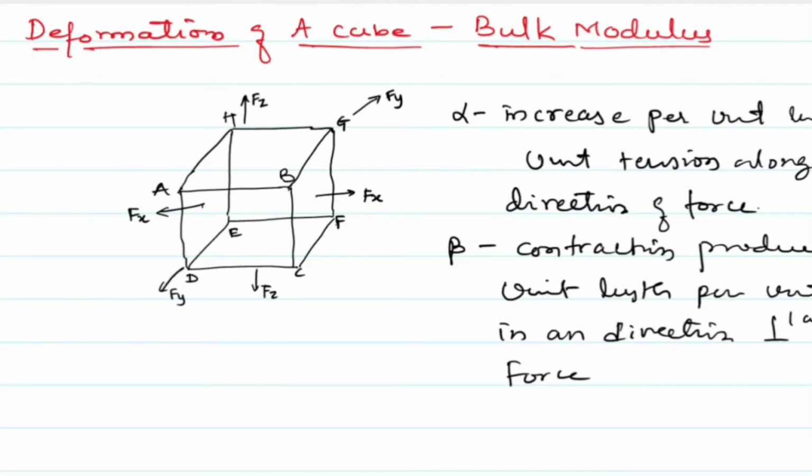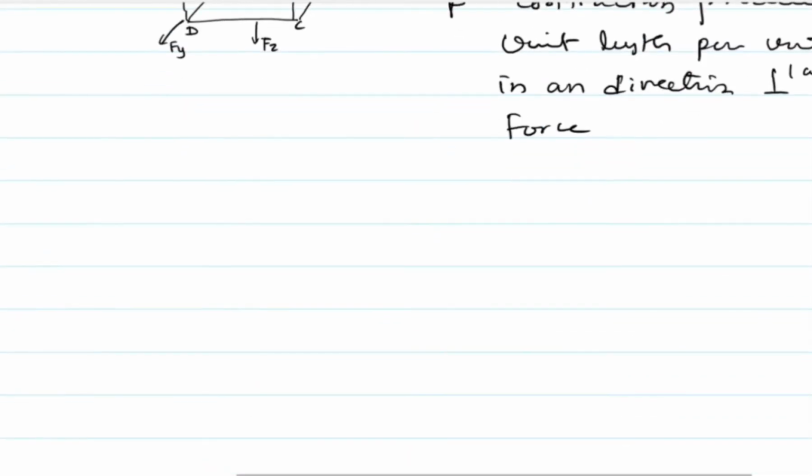Now here we'll take the elongations along AB, and I will take only this portion: one is AB, another is BG, and another is BC. The elongations I will take are f of x into alpha, f of y into alpha and f of z into alpha.